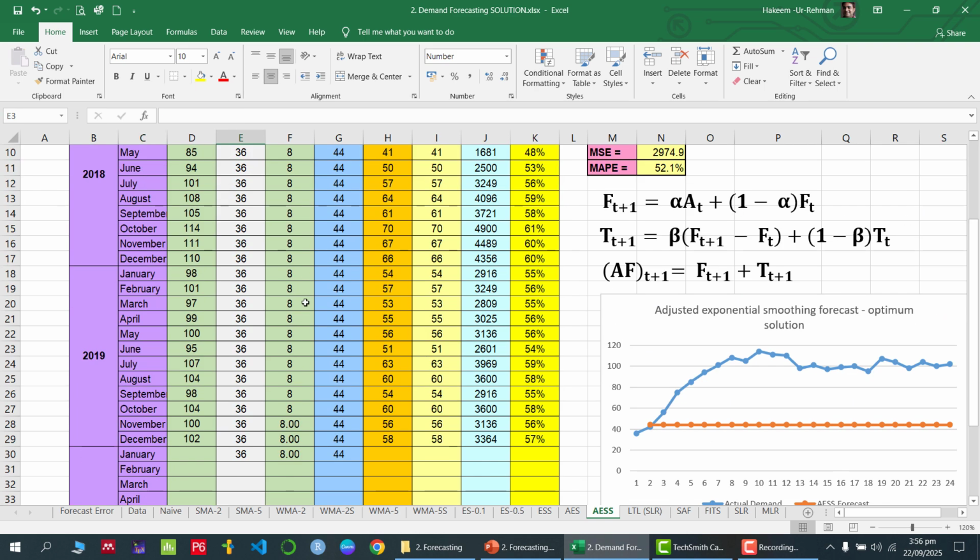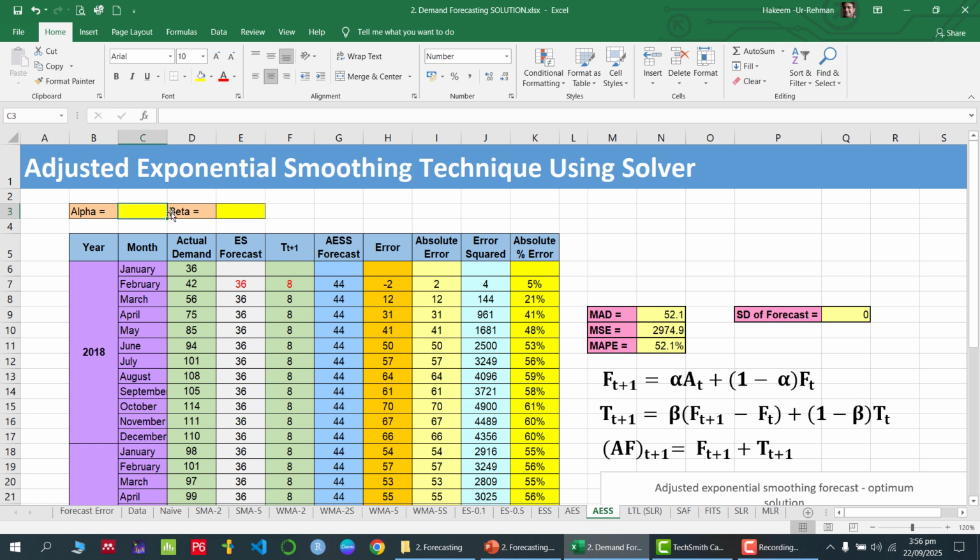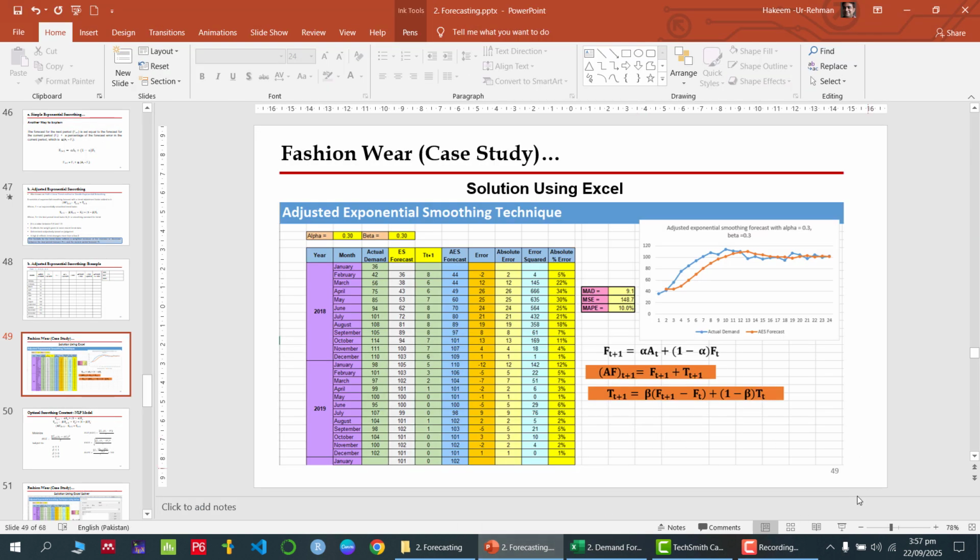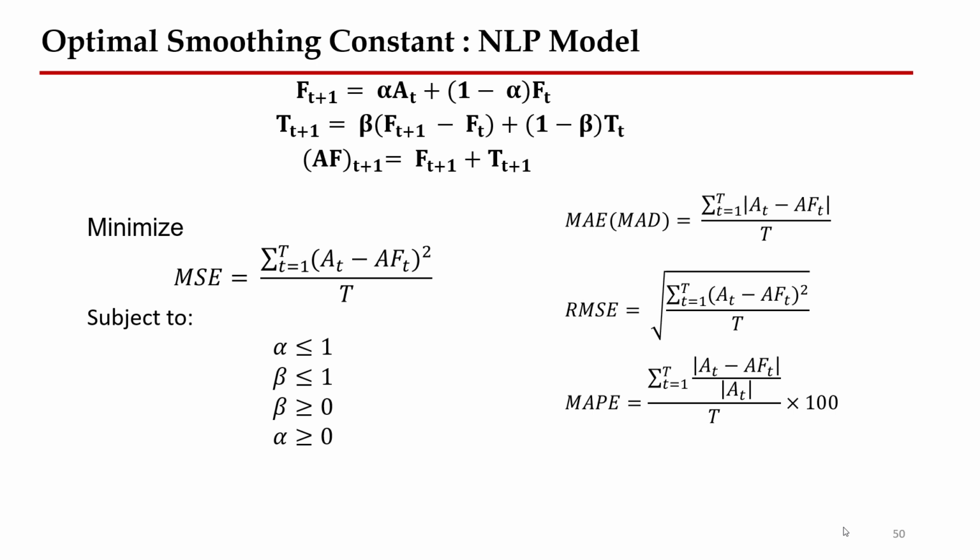Now we would like to find such alpha and beta that this mean square error should be as minimum as possible. For that we know that we can apply the nonlinear programming model. So what was the nonlinear programming model? Our objective is going to be minimizing the mean square error.